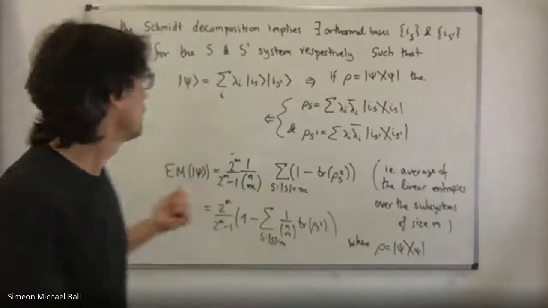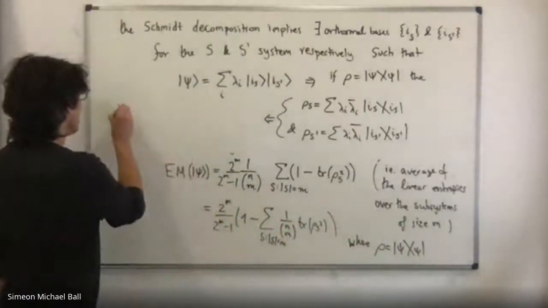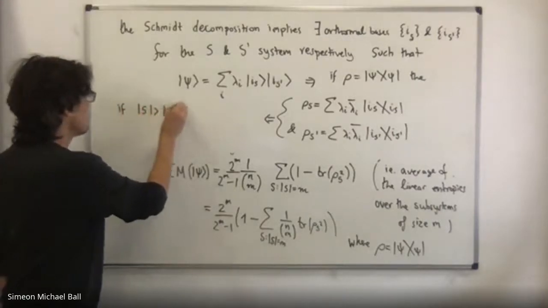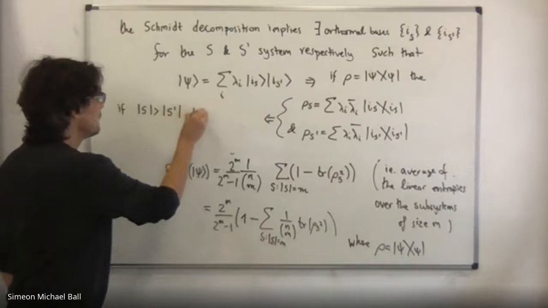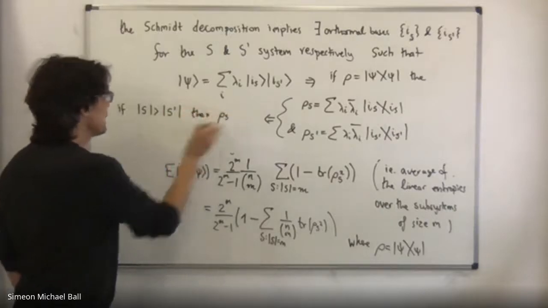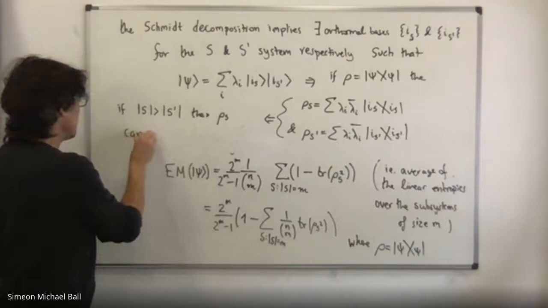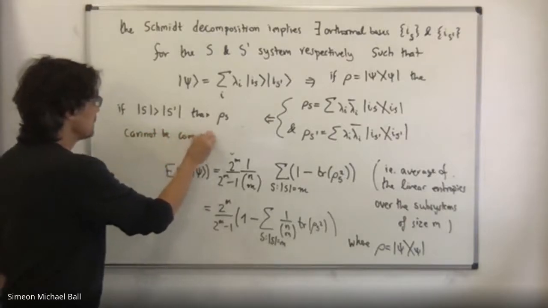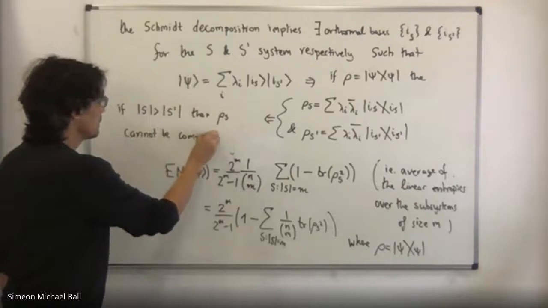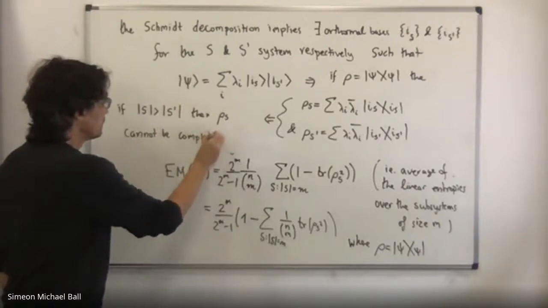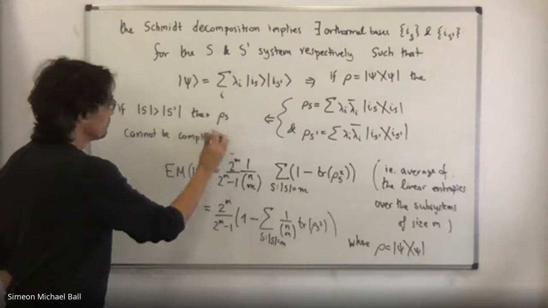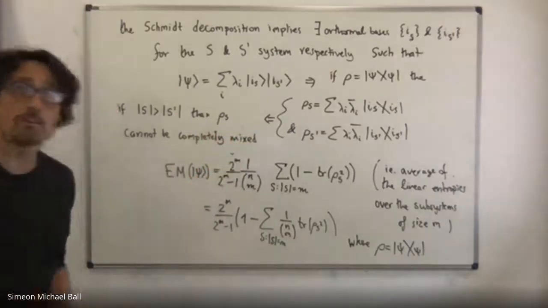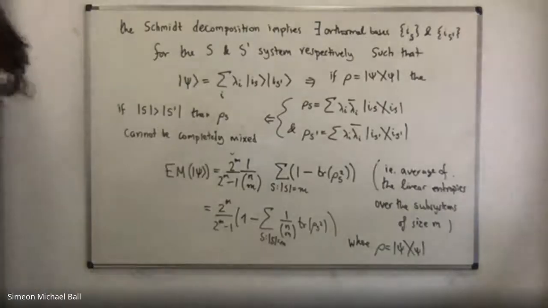But this implies that if S is bigger than S prime, then rho of S cannot be completely mixed. It can't be completely mixed because it's got to have some 0 eigenvalues.